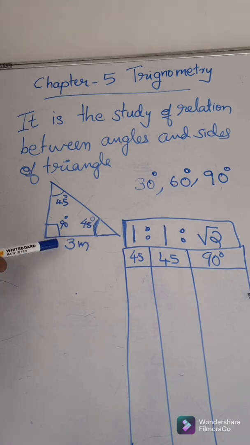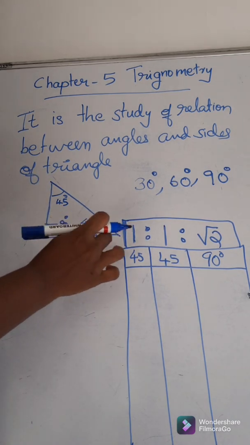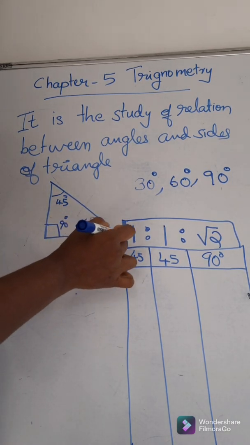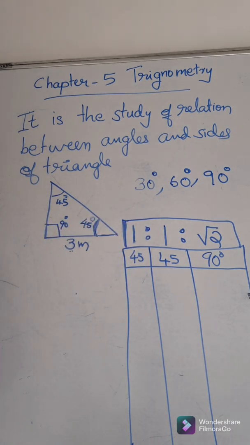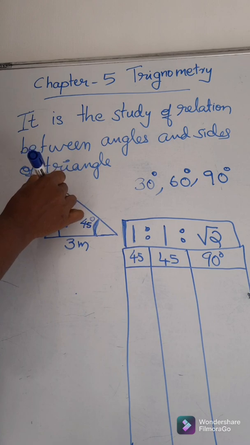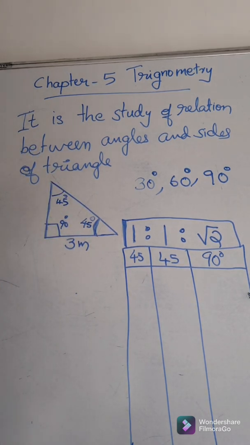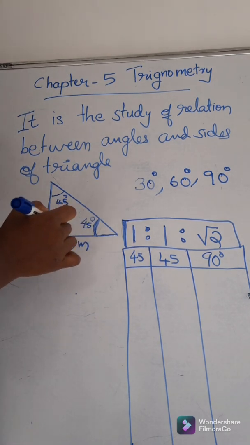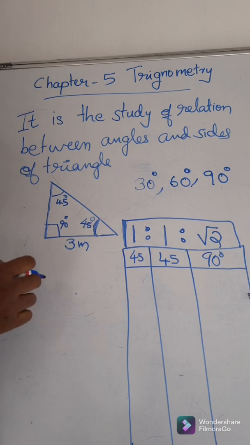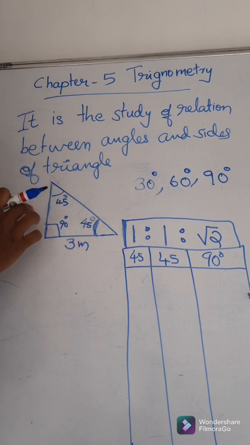Now check here. This is a right triangle. Here the side is 3 centimeter, and we want to find the other sides. So we can use the Pythagoras relation because it is 90 degree. Before going to Pythagoras, we want to know about this because this is 45, this is 45.